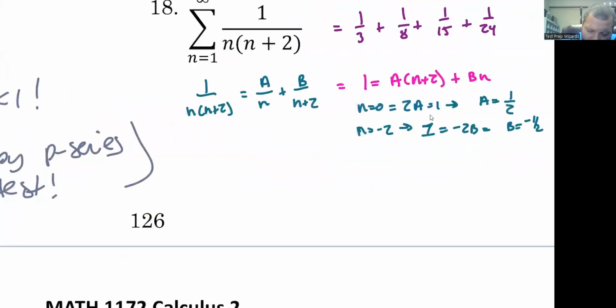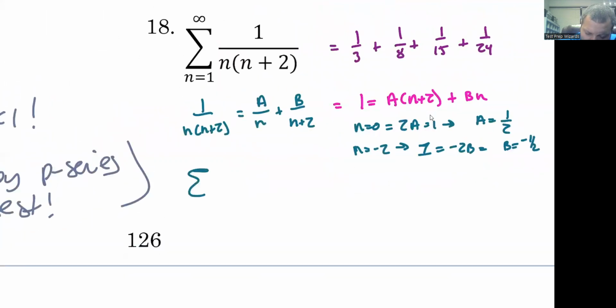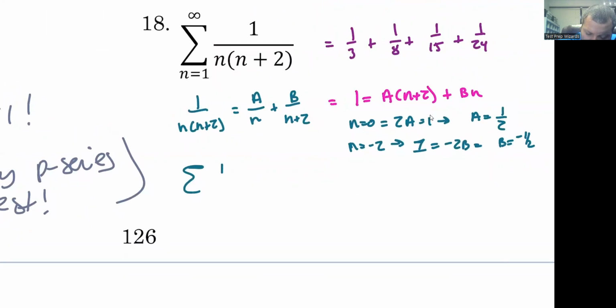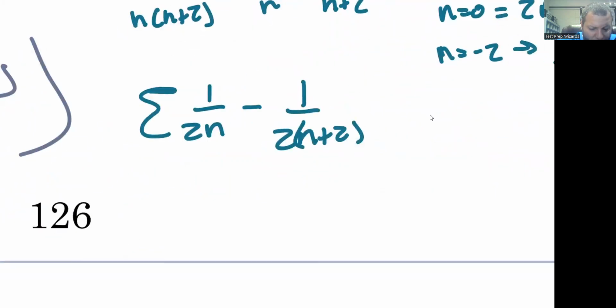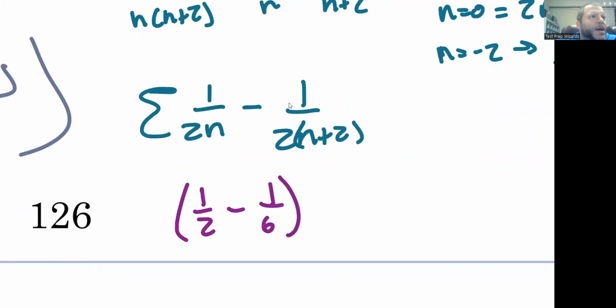So that means that I can look at my sum as sigma of 1 over 2n minus 1 over 2 times n plus 2. And then now if we start looking at what happens when n is equal to 1 and 2 and so on, I'm going to get 1 over 2 minus 1 over 2 times 3, which is 1/6.